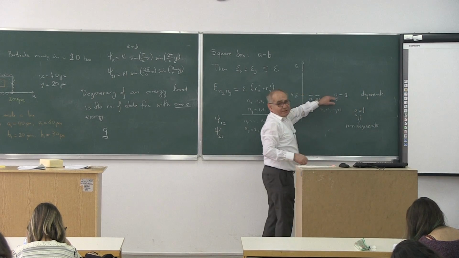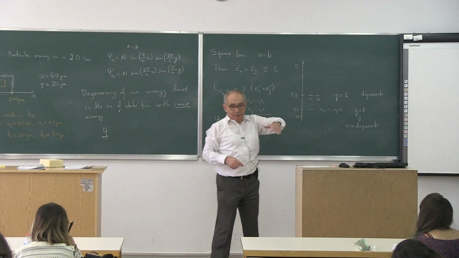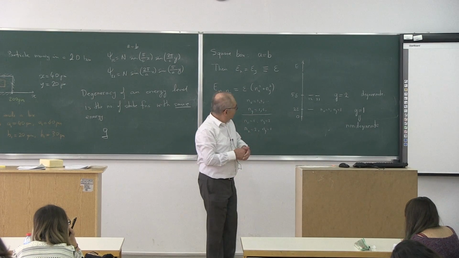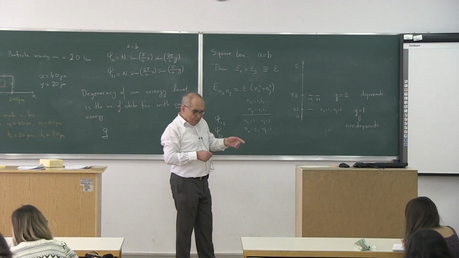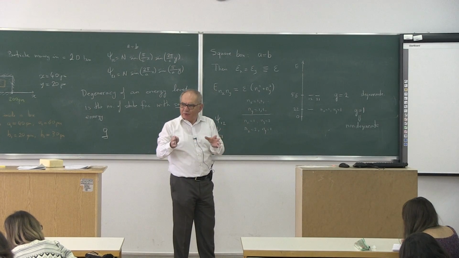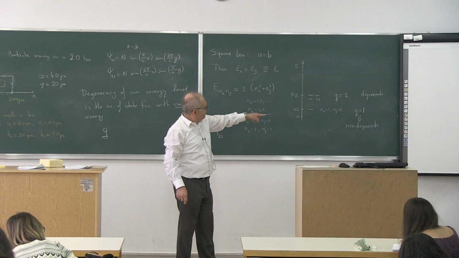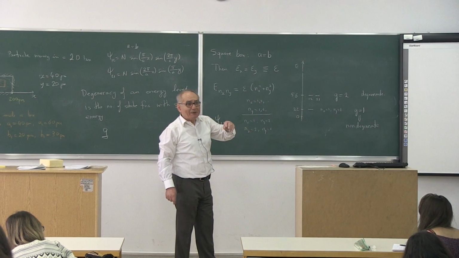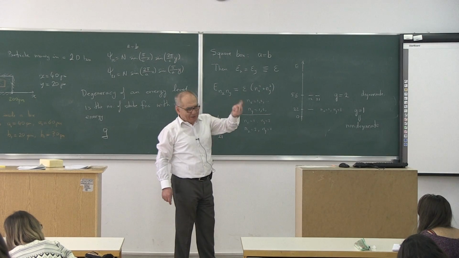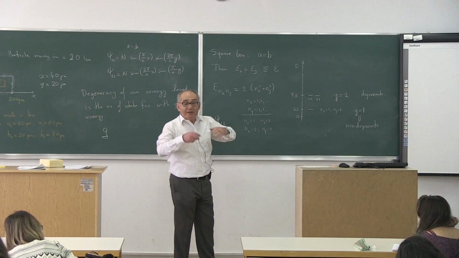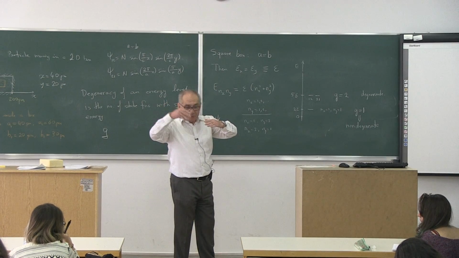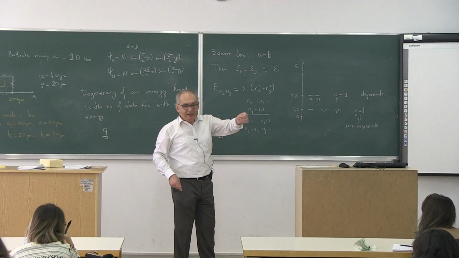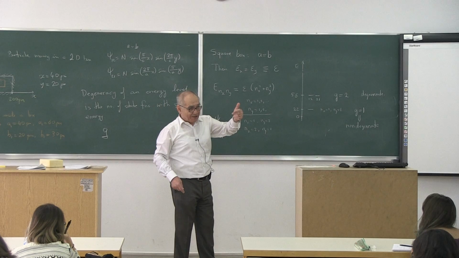The number of state functions that have the same energy, which we call degeneracy, but we also use such terms. If g is 2, we say the energy level is doubly degenerate. If there is more degeneracy, which means if g is larger than 2, for example 3, we say the energy level is triply degenerate.